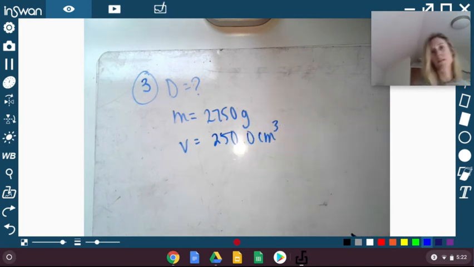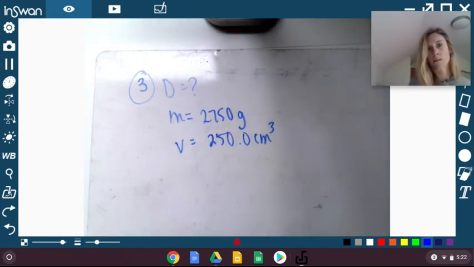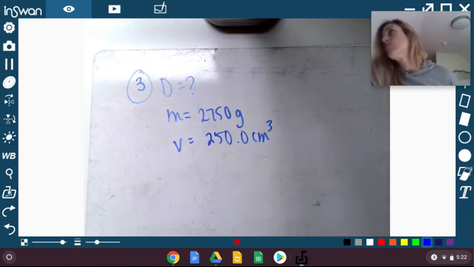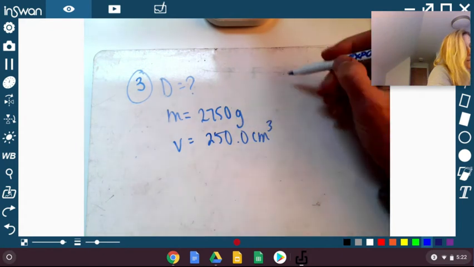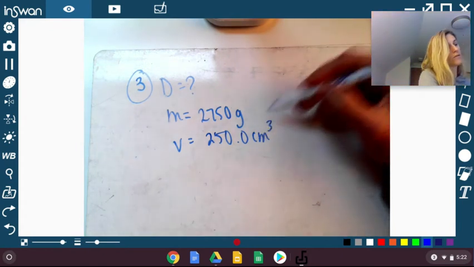Remember, cubic centimeters is equivalent to milliliters. All right, so density is mass over volume, you're going to just take 2,750 divided by 250.